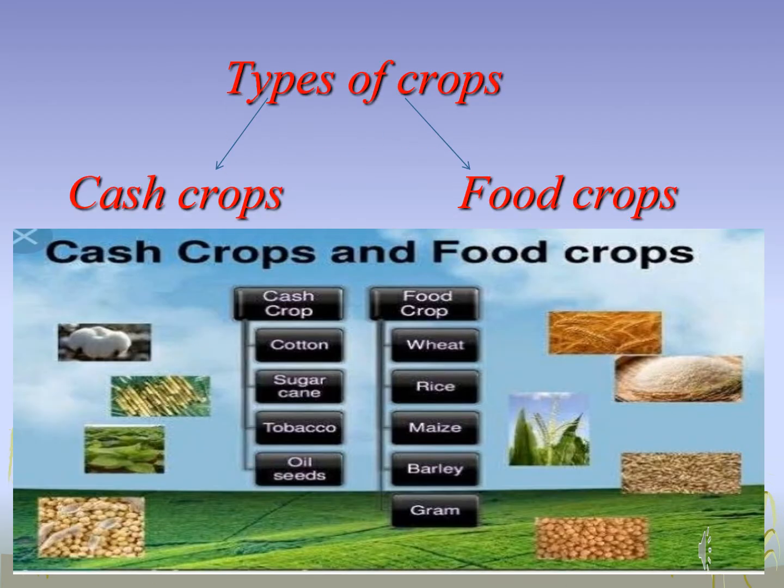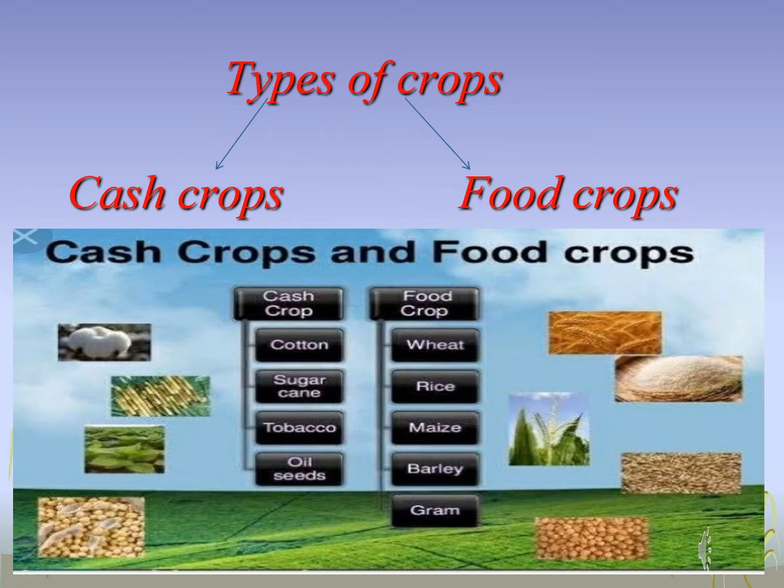Now, dear students, all the crops are divided into two types. The first one is food crops, and the second one is cash crops. Food crops are all the crops that provide us food, like wheat, rice, maize, barley, gram, pulses, etc. On the other hand, cash crops are the crops which provide us money.